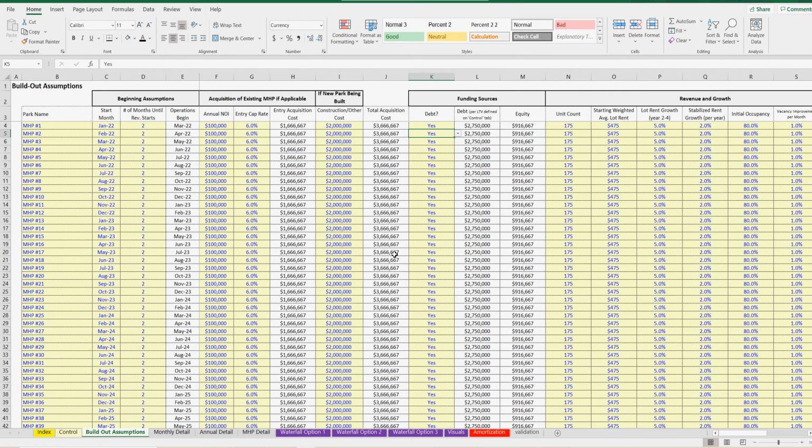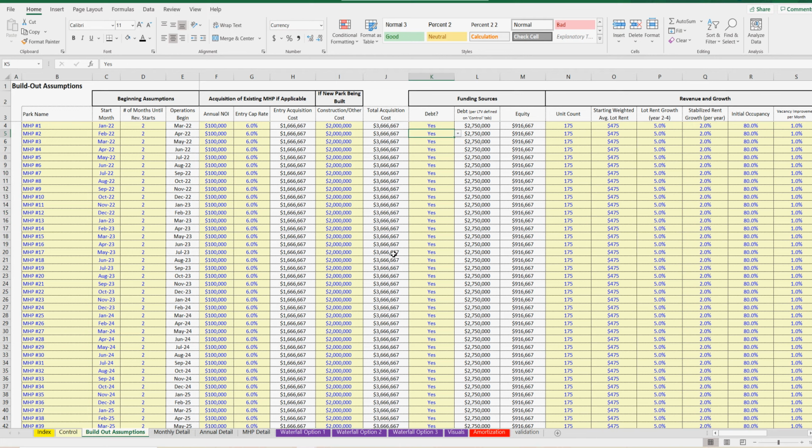So what I've done is I've aggregated this. It assumes every individual property can have its own structure for debt and equity, as well as different costs, different times that it takes to start, and different start months.